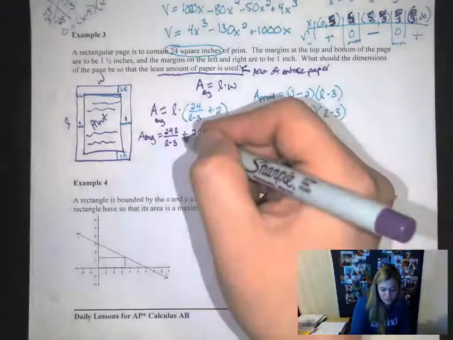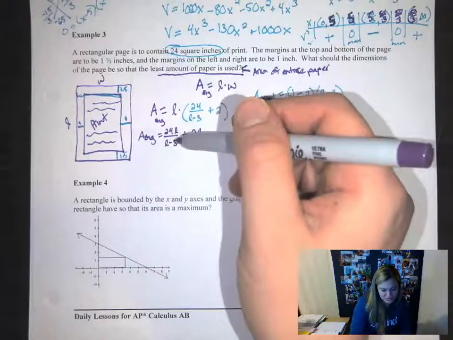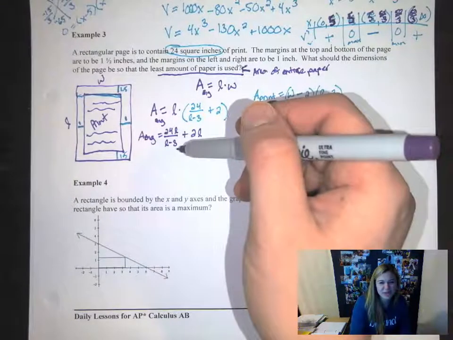And you could do a little bit more if you wanted and try to simplify in some way, or take L minus 3 to the negative first power and then do the product rule.